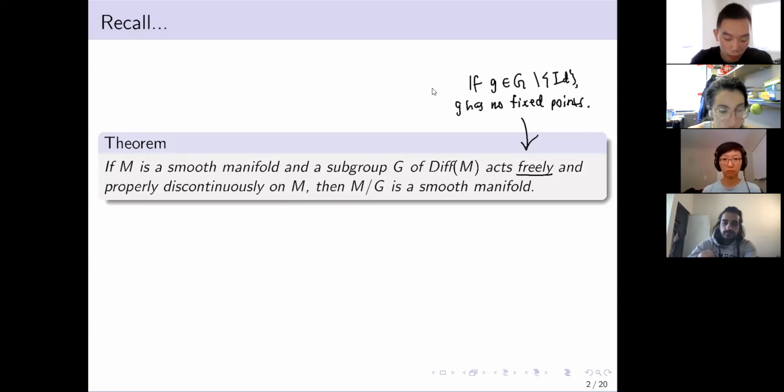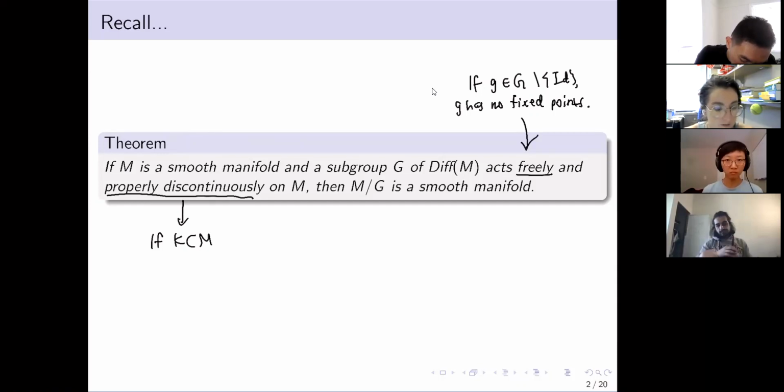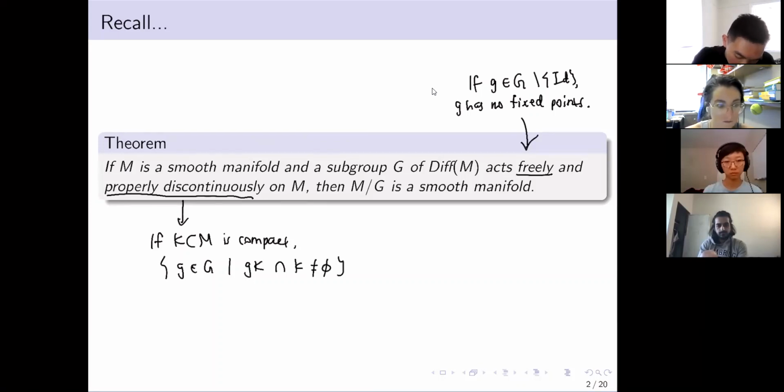So it doesn't fix any point in the manifold M. And properly discontinuous is saying that for any compact subset K of M, the set of elements g such that the image of K under g intersects K is finite.